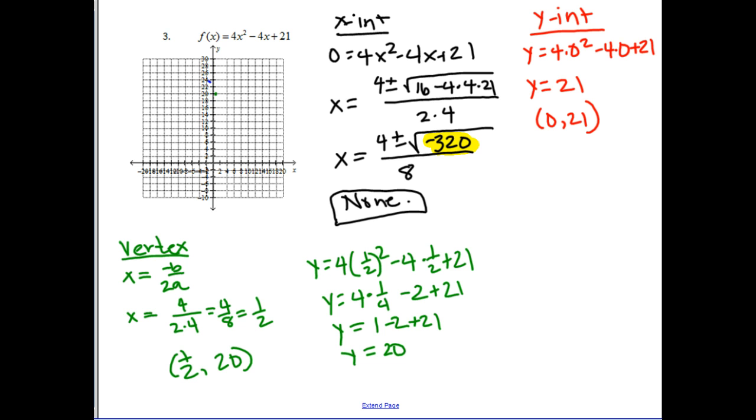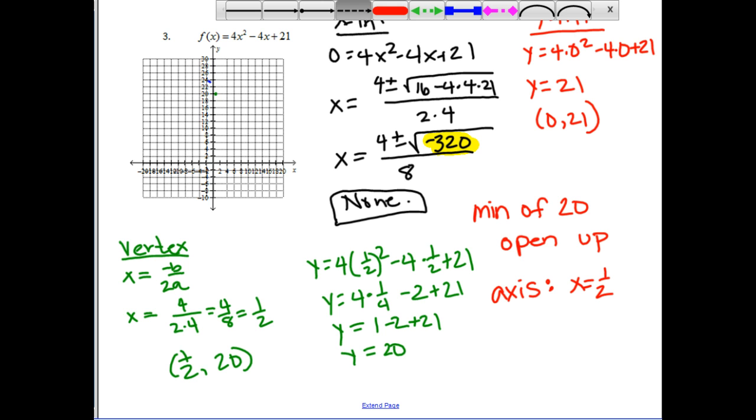Next, we know that the graph has a minimum because the leading coefficient is a 4 and it's positive. So the minimum is going to be 20, which is the y-coordinate, and the graph is going to open up. The axis of symmetry will be x equals 1/2.